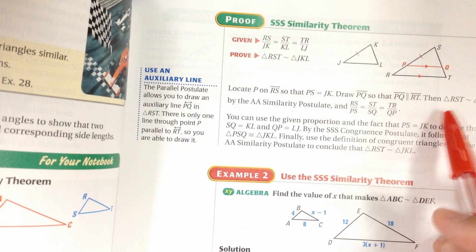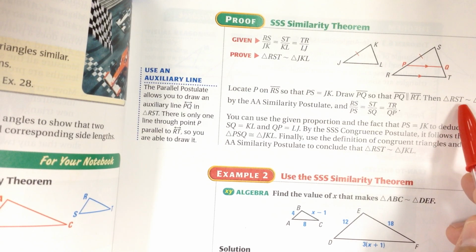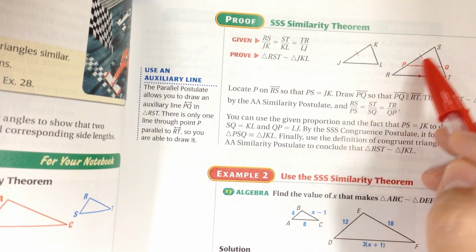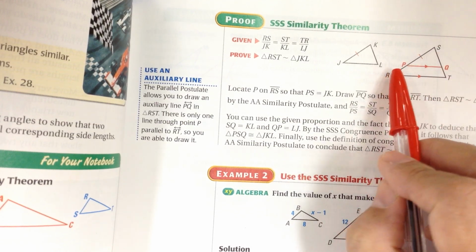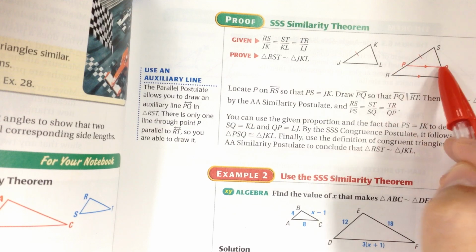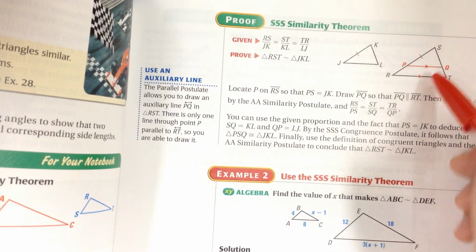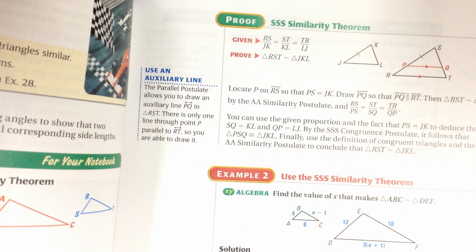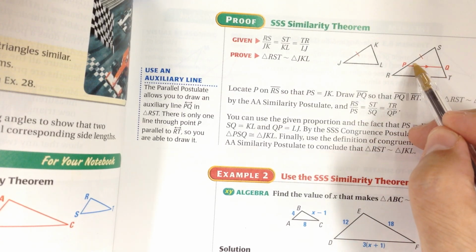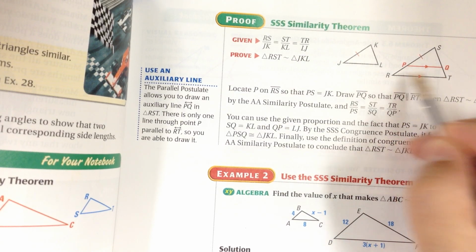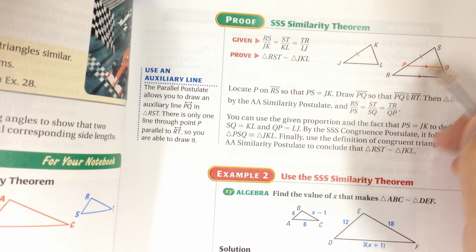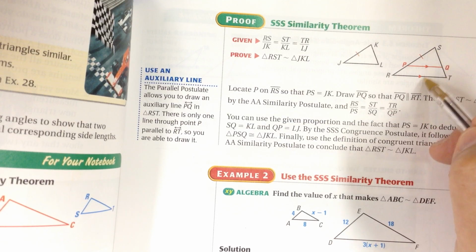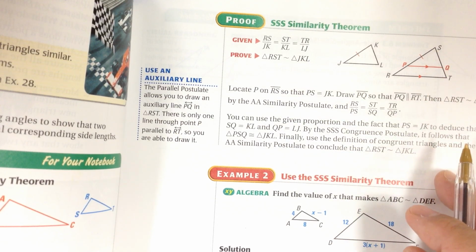Then triangle RST is similar to PSQ. They are similar because if you draw a parallel line, then the corresponding angles are congruent, and also the reflexive angle. And so you can see that these two triangles are similar because of the AA theorem.